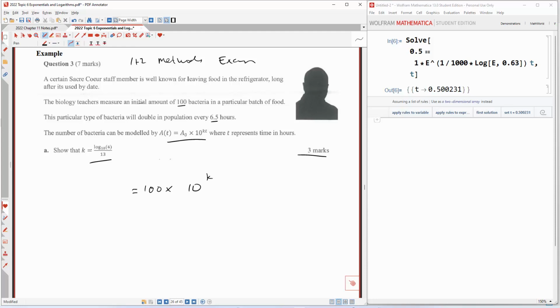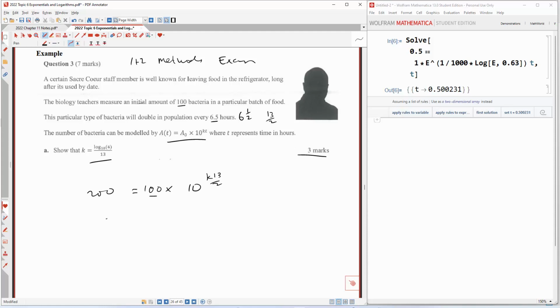Now because there's no decimal in this, we're going to rewrite that as 6.5, which is 13 on 2. So excuse the kind of algebra there, that 13 should be on the other side there, but that's all right for an intermediary step. And what I know is it doubles every this time period. So this 100 will become 200.